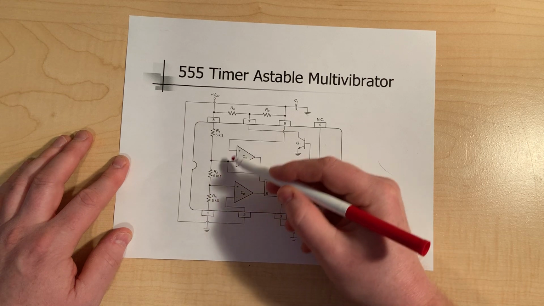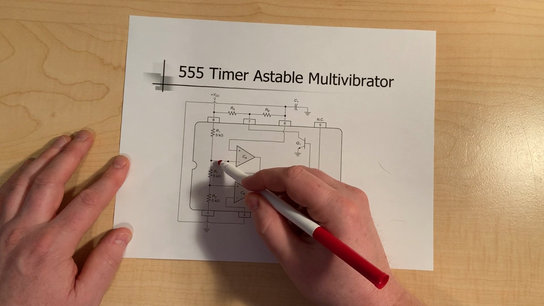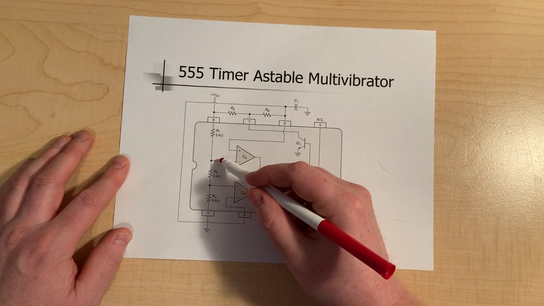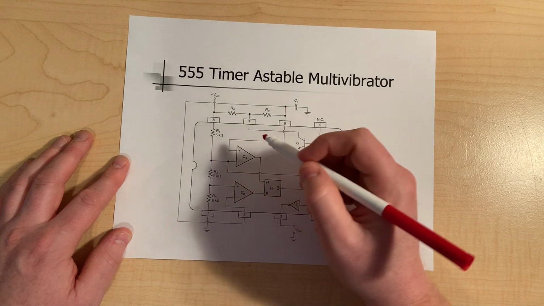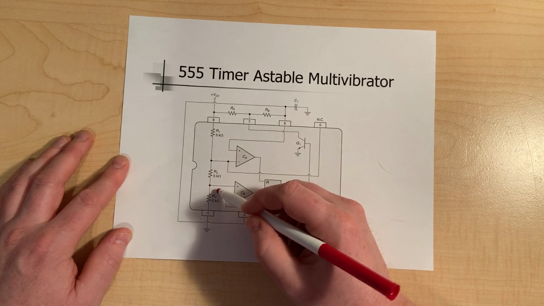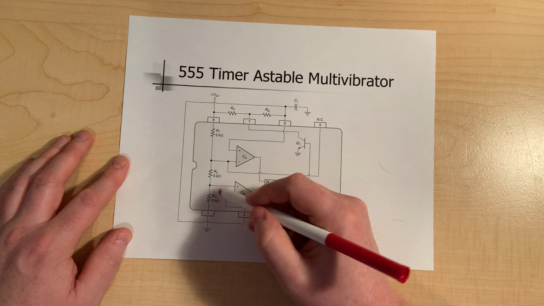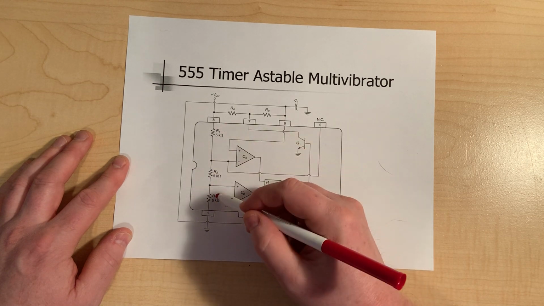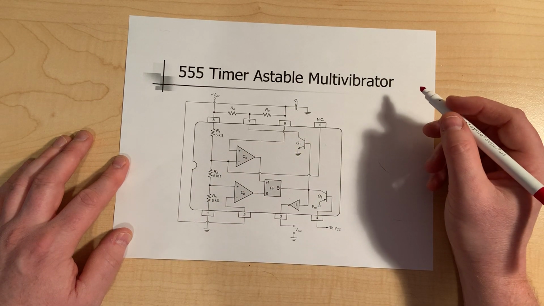Notice the resistance values are all the same. So it's easy to say that the voltage value at this point will be roughly 2/3 the voltage, and at this point a third of the voltage, not a quarter. Since the resistors are all the same, this resistor would hold a third of the voltage, and this point would hold 2/3 of the voltage.